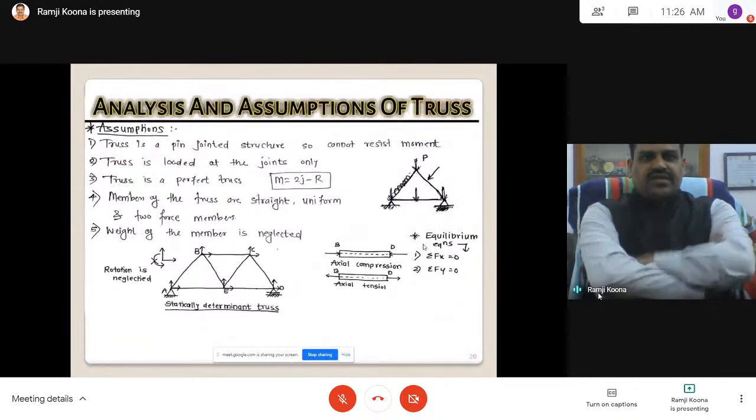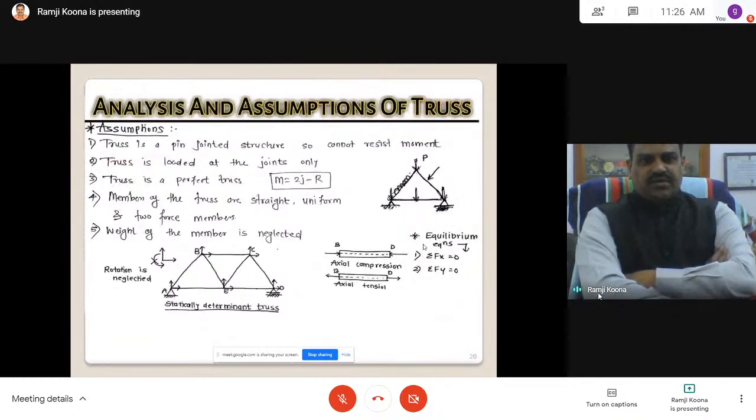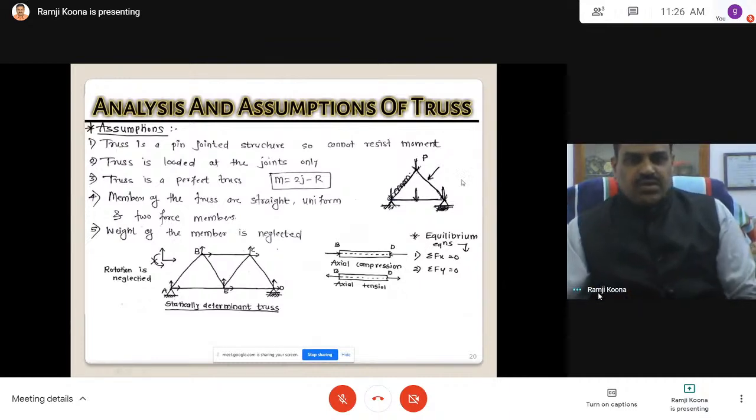Now let us take how the loads can be applied. The load is like a concentrated load. If this load is not there, then it is a truss. But if you consider this load in addition, our assumption is load at the joints.